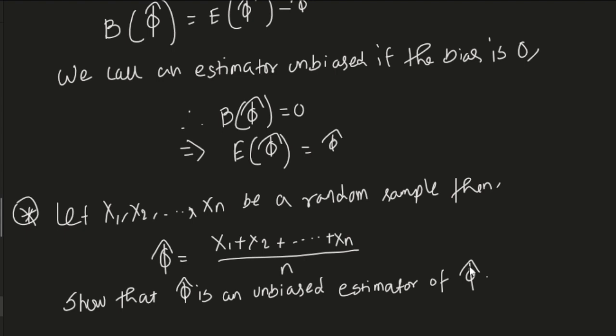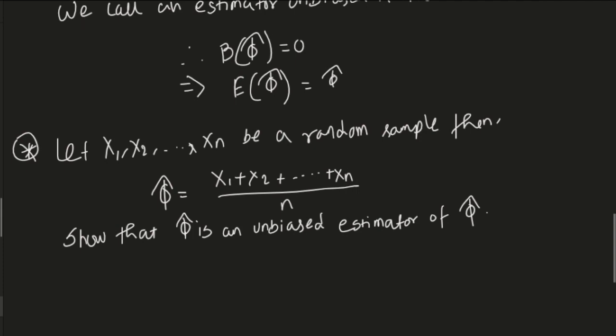That is the question, we need to show that phi cap is an unbiased estimator of theta equals e of xi. The parameter is theta, which is equal to e of xi for every i, right? So how do we show that?